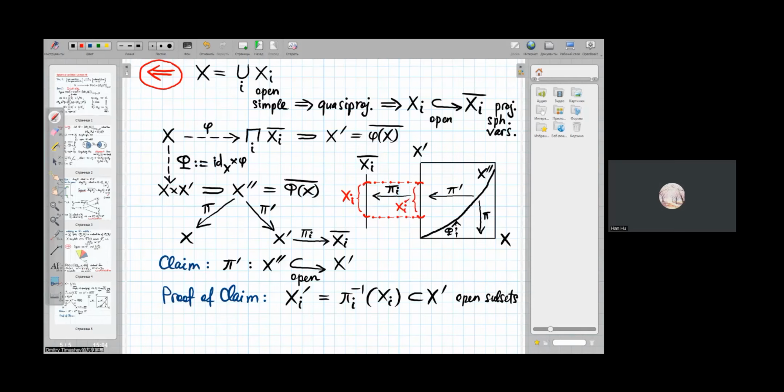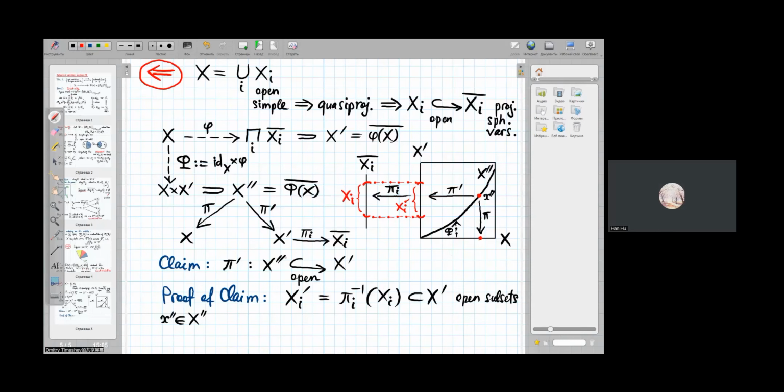Now, let's consider the following. Take any point x double prime in big X double prime, say, for instance, this point. Then this point has two projections, a projection to X and a projection to X prime.